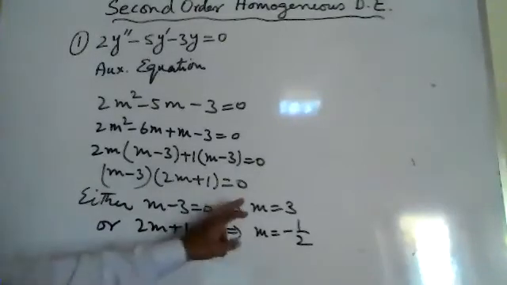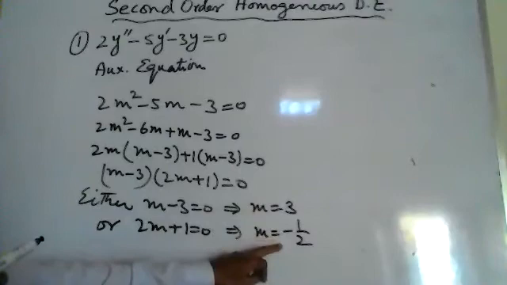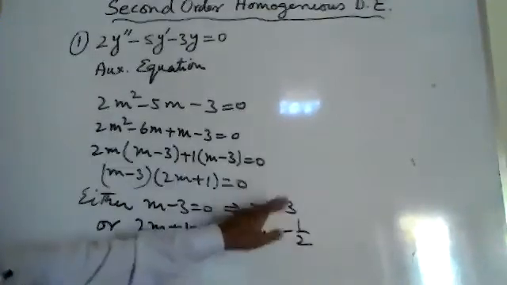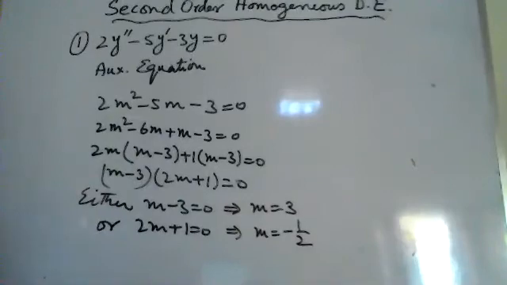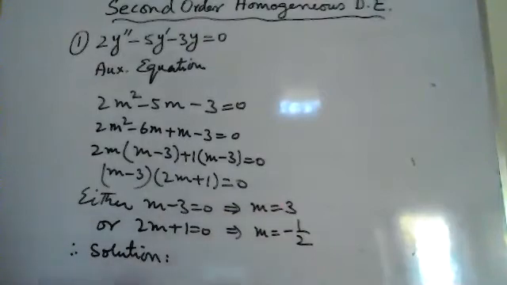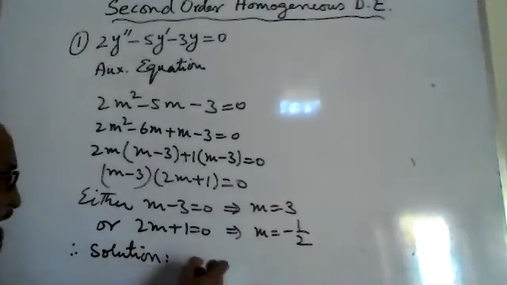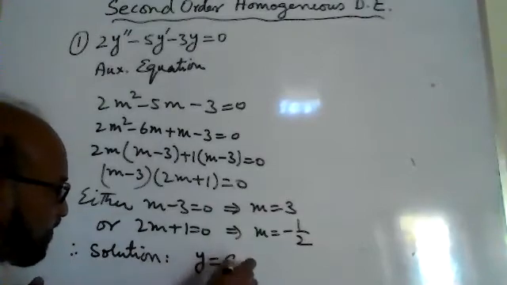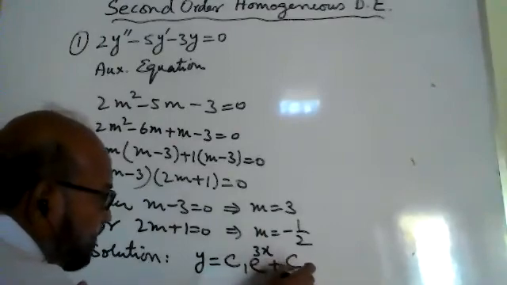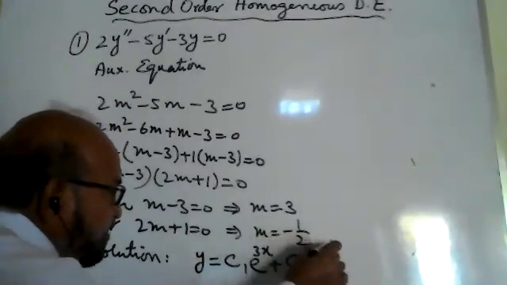So there are two answers. Both are real and both are distinct. Distinct means different answers. This is the first case, when both answers are real and distinct. So the solution will be y is equal to c1 e raised to power 3x plus c2 e raised to power minus 1 over 2x.